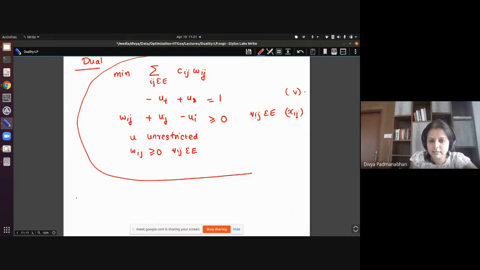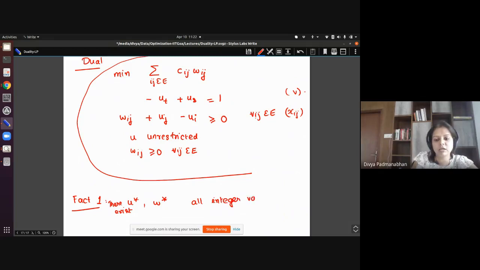First, let me write one fact. We will come to each of these facts. The first fact is that at optimality, for the dual, there exist u star and w star, the optimal values, all integer valued.